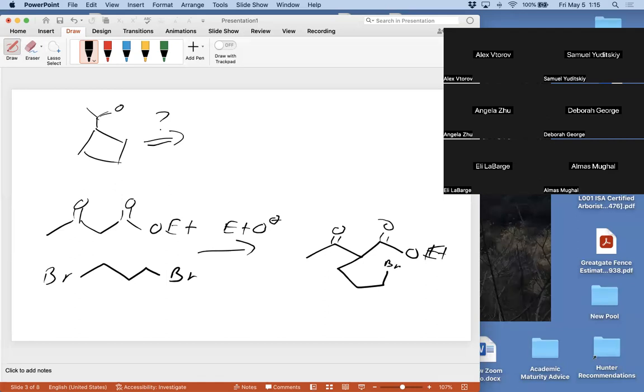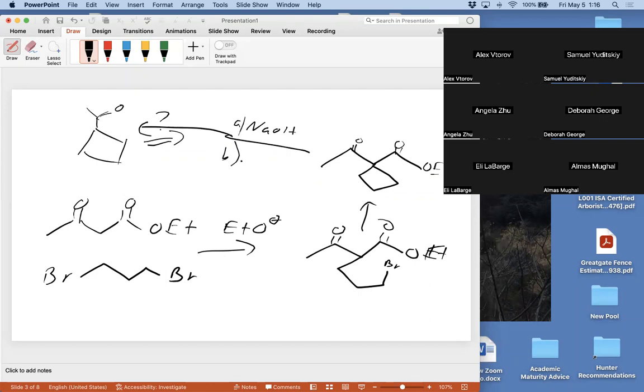You're going to get that for the intermediate. And then saponify and decarboxylate, and you got your methyl cyclobutyl ketone.